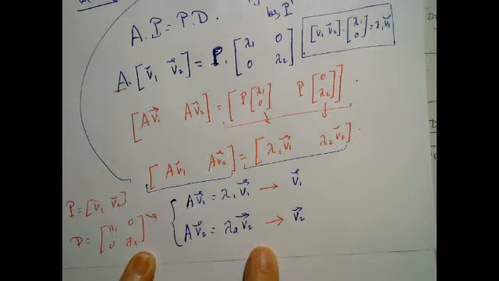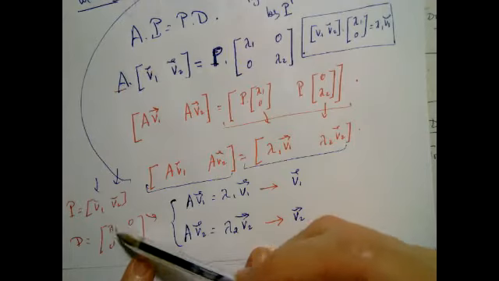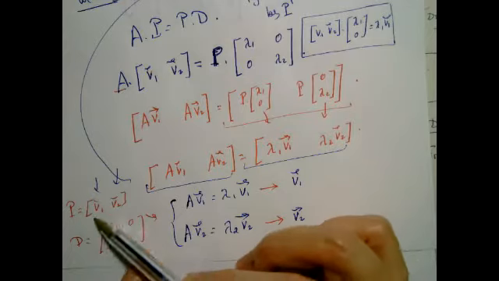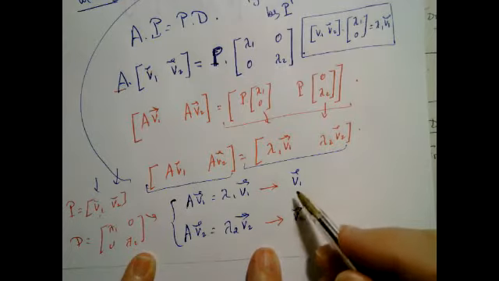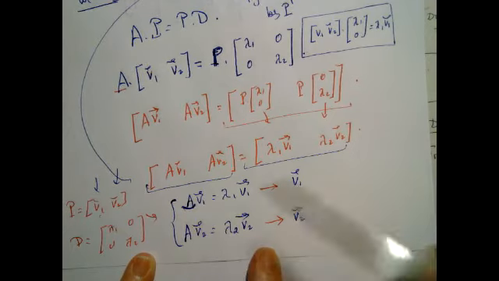So if I can factor, then AV1 should be equal to lambda 1 V1. What is V1 for the matrix A? What does it represent? If AV1 equals lambda 1 V1, it means V1 is what for the matrix A?